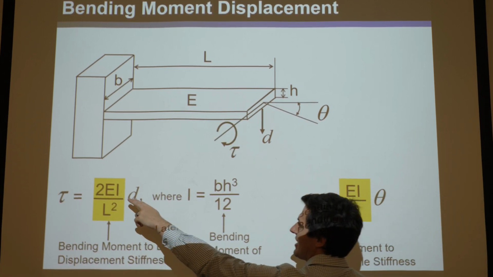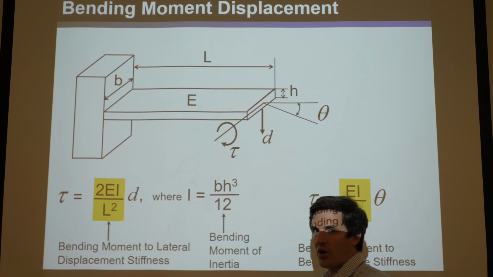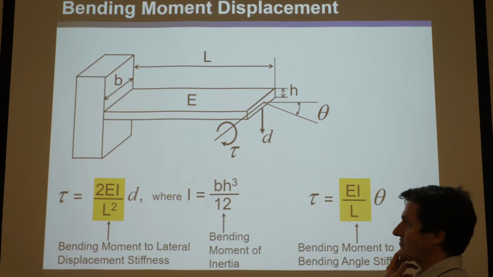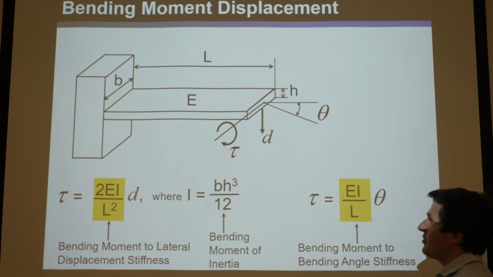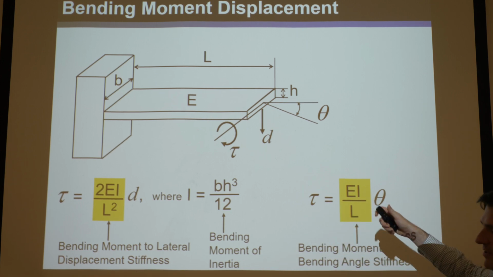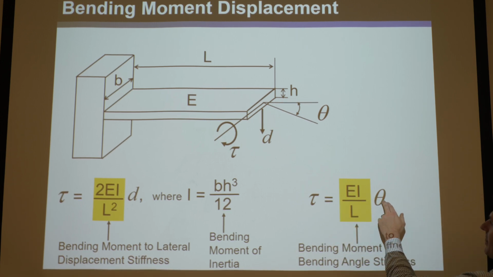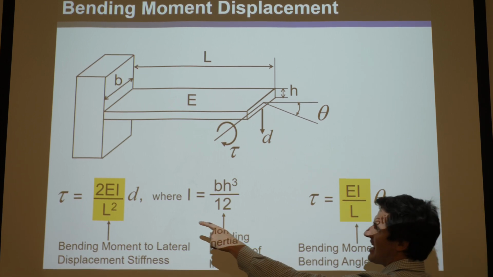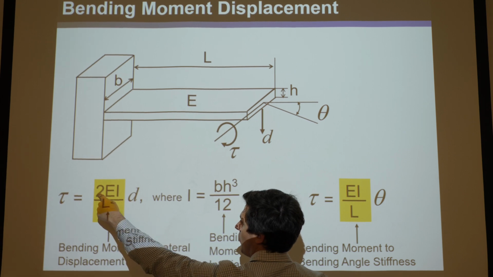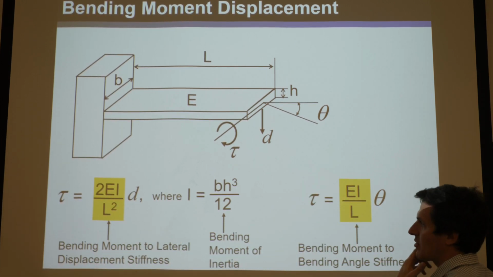This is also 2EI over L squared. That's torque to displacement. So that makes it easy to remember. And of course I is the same here. And then if you do torque or moment or couple, whatever you want to call it, to theta, then it's EI over L. So again, it's the same as this, except instead of 2 here and 2 here, it's 1, 1. So that makes it really easy to remember.